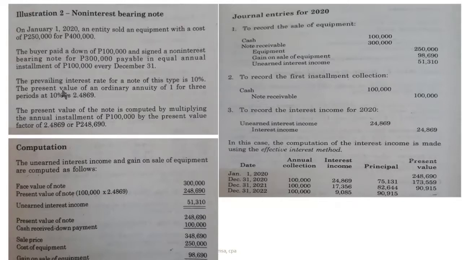Again, the 0.7513 is the present value of 1 for 3 periods. The earlier 0.8264 is the present value of 1 for 2 periods. And the first, 0.909, is the present value factor for the first period, but present value of 1. What we need is the ordinary annuity.